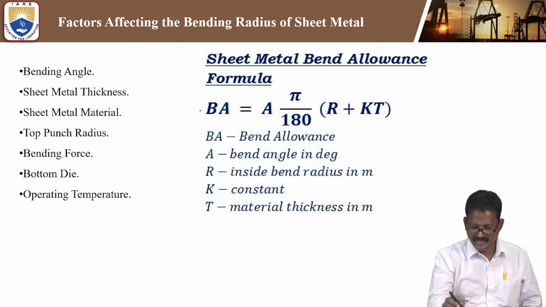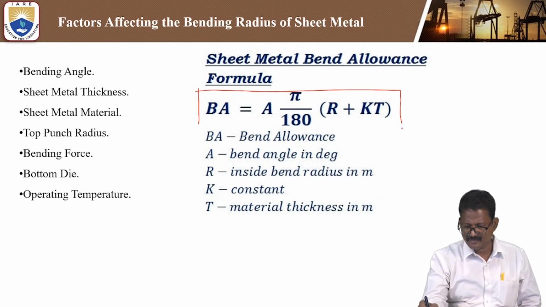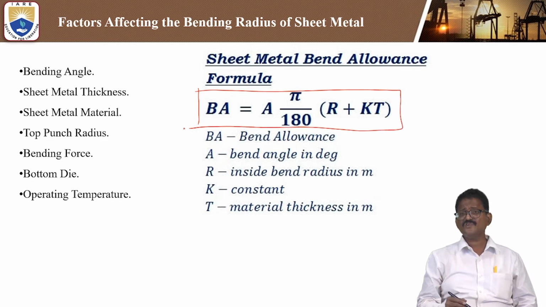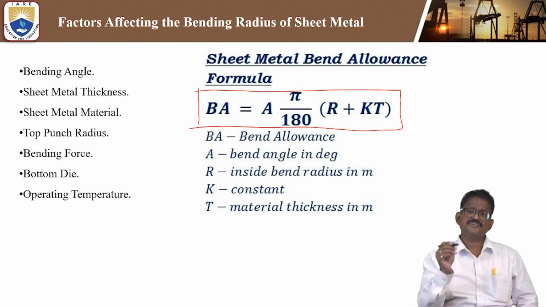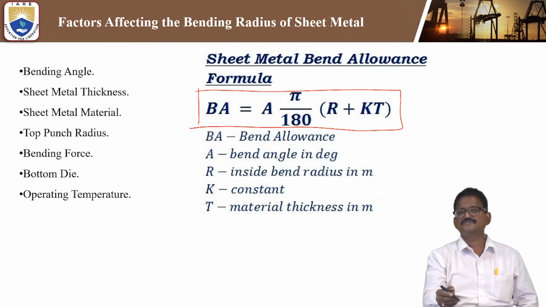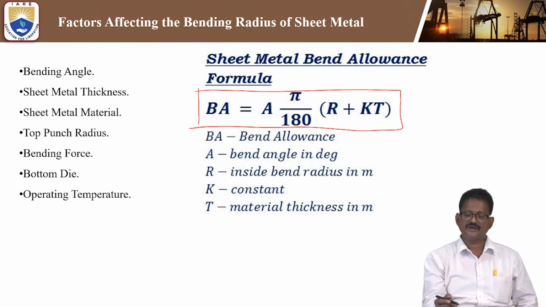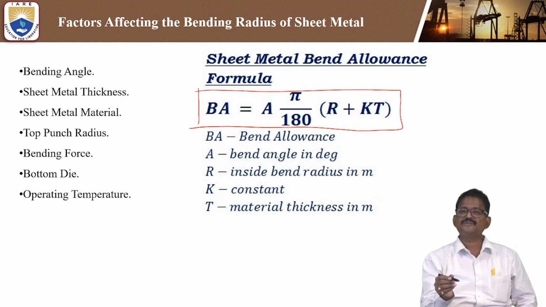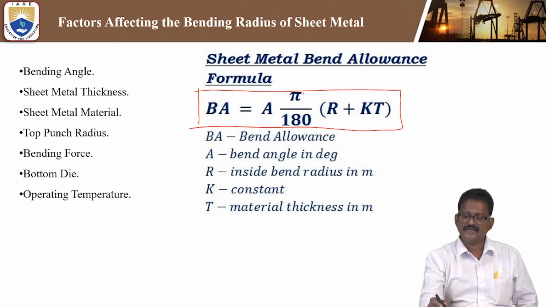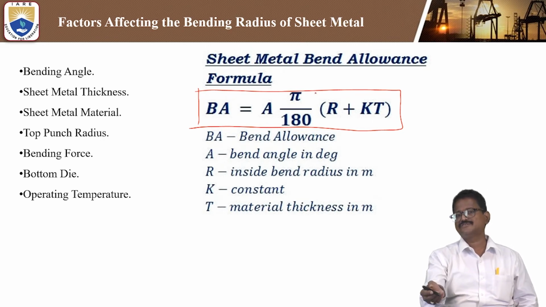This I have already told: this is the bend allowance. How we can determine the bend allowance is with a standard formula, A into pi divided by 180, so that the pi radians can be converted into degrees.